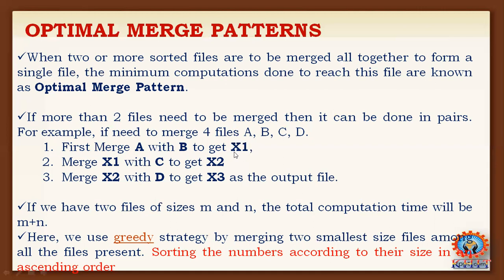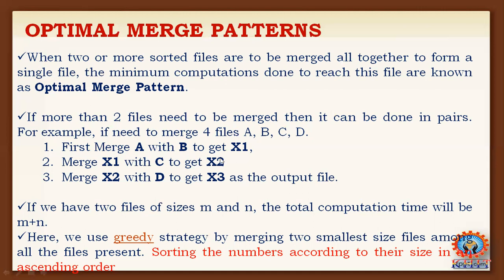Now the newly generated merged file X1 is merged with the next file, C. When I merge the merged file X1 with the available file C, one more new merged file is generated, that is called X2.